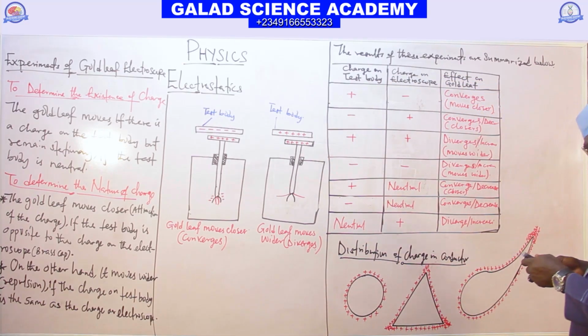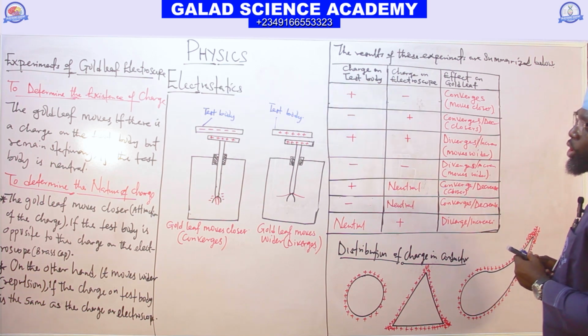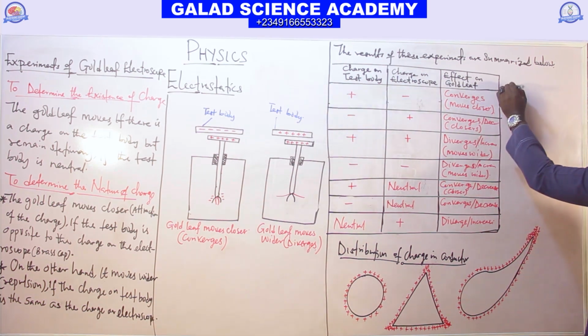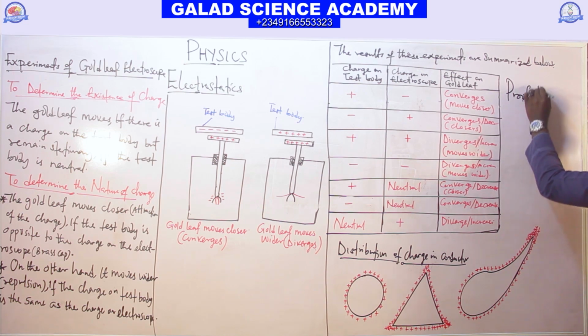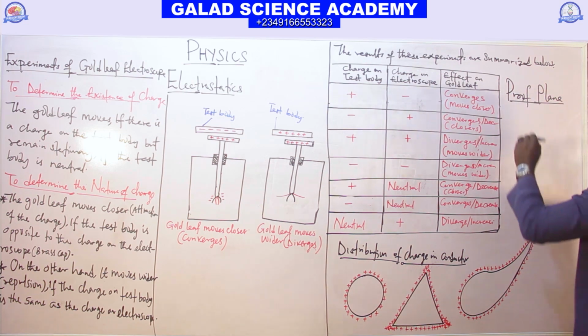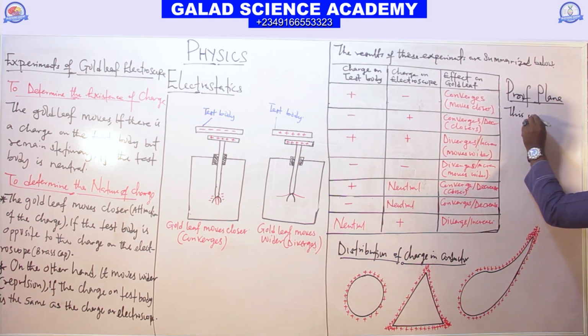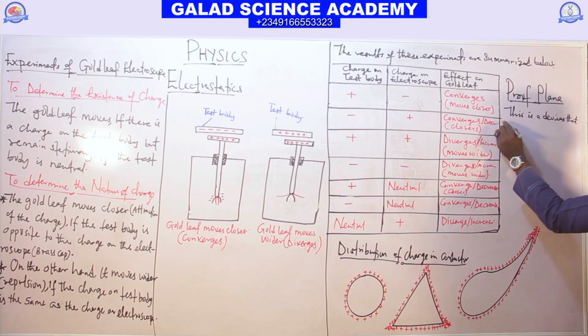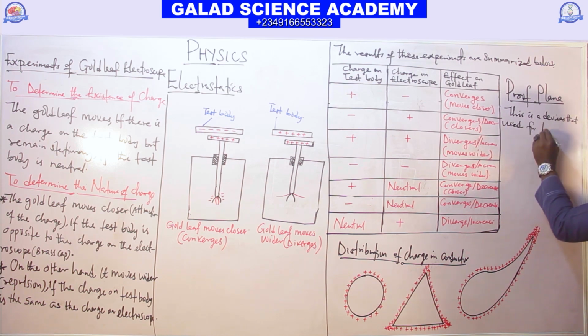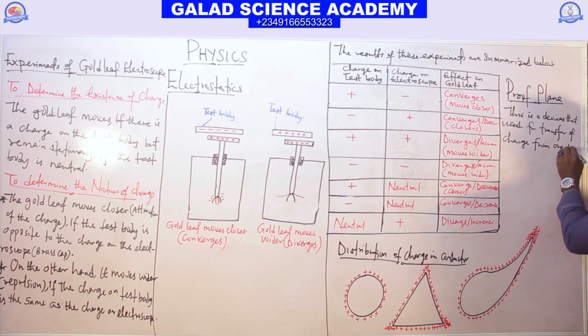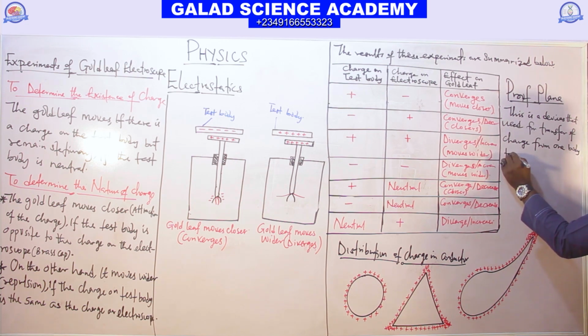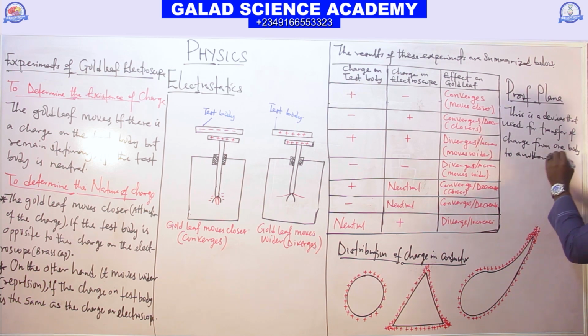And the last thing that I need to add here is that there is a particular device called a proof plane. A proof plane is a device that is used for transfer of charge from one body to another.